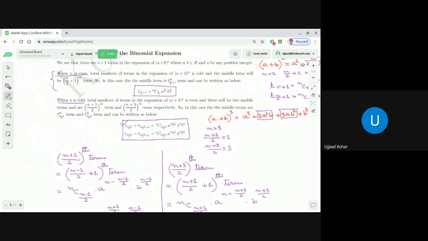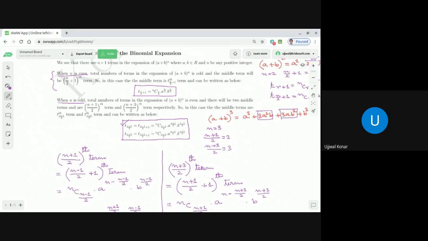So the first one is that in the expansion of (a+b)^n, if we need to find the middle term or middle terms, singular or plural, that depends on whether the value of n is even or odd.